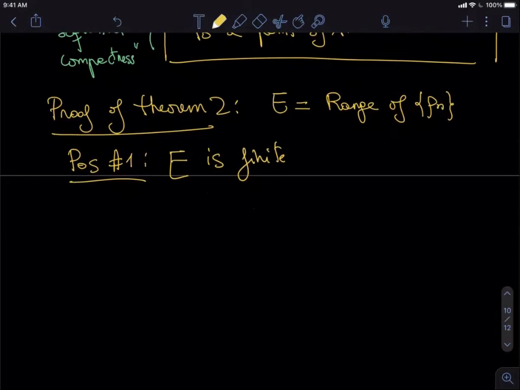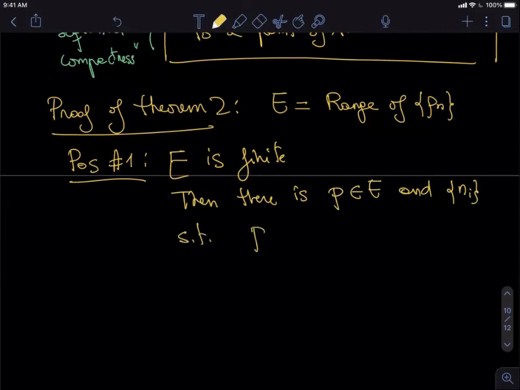If this is the case, then there is a point P in E and an increasing sequence ni such that Pn1 equals Pn2, Pn3, and so on, and all of them are equal to the limit. Think about this for a moment.